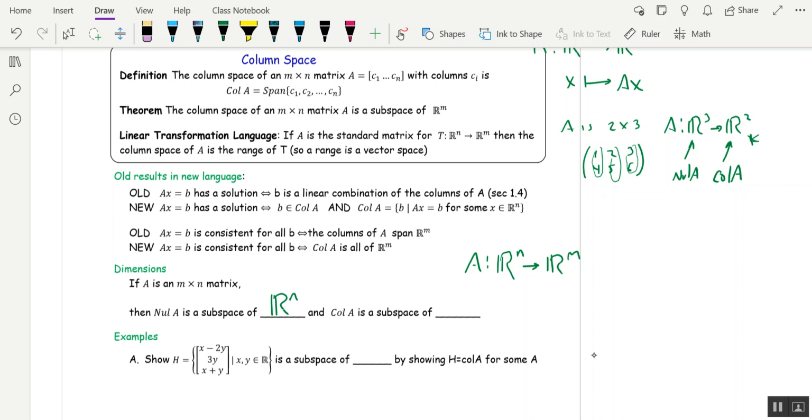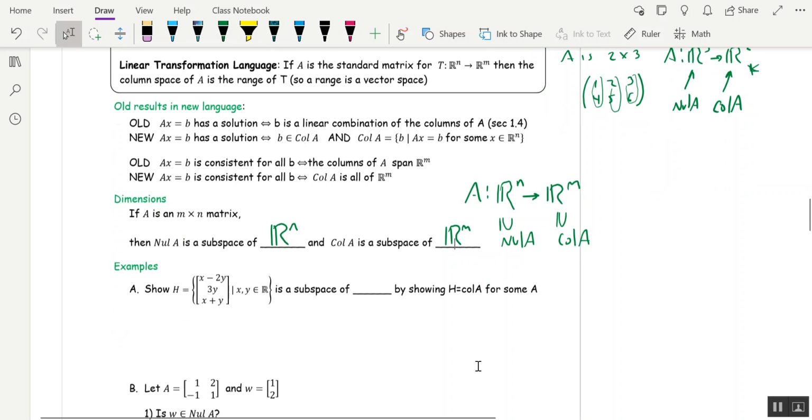Null A lives over here. It may or may not be all of Rn, I don't know. And then col A lives over in Rm, and col A may or may not be all of Rm. It will only be all of Rm if Ax equals b is consistent for all b. And we know that in general, that's not true for every matrix.